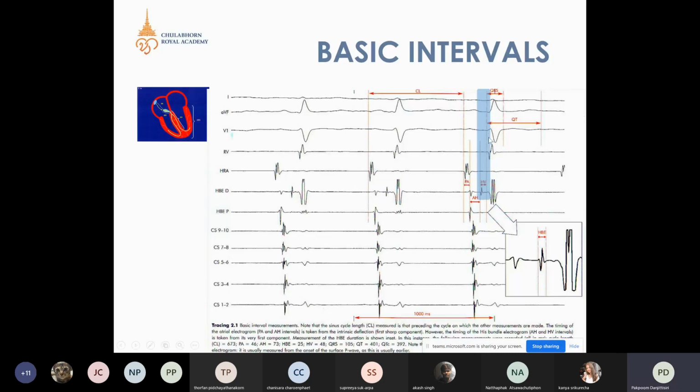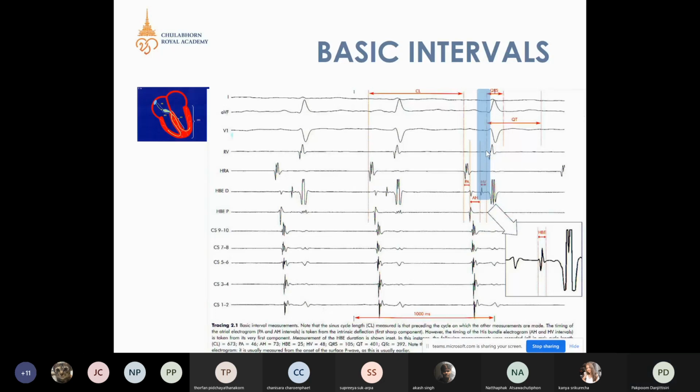Or you can use the RV catheter as a reference to measure, but you have to make sure that the ventricular electrogram on the RV catheter is the earliest ventricular signal.